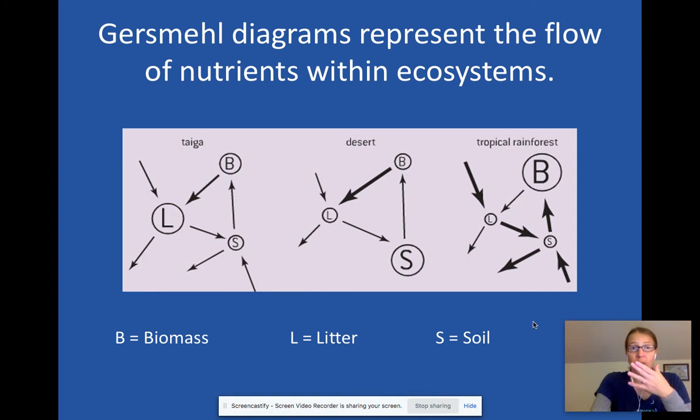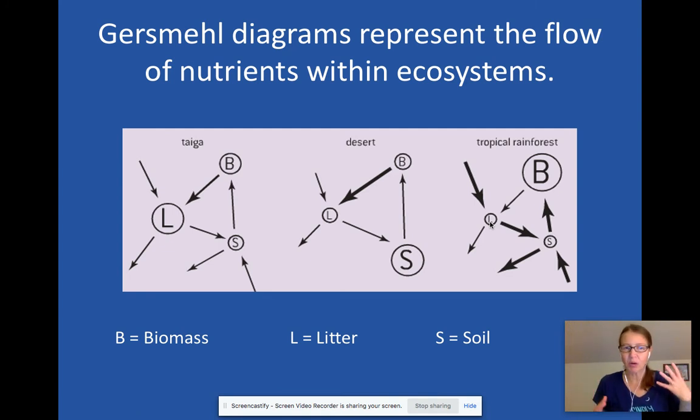Now, if we were following the nutrients in an ecosystem, say a tropical rainforest, you can see most of the nutrients are actually within the organisms, the biomass themselves. There's not a lot of nutrients in litter on the floor, and there's not actually that many nutrients in the soil. Here's why. There's not a lot of litter on the floor, even though there's a whole lot of plants, because it's such a productive system.